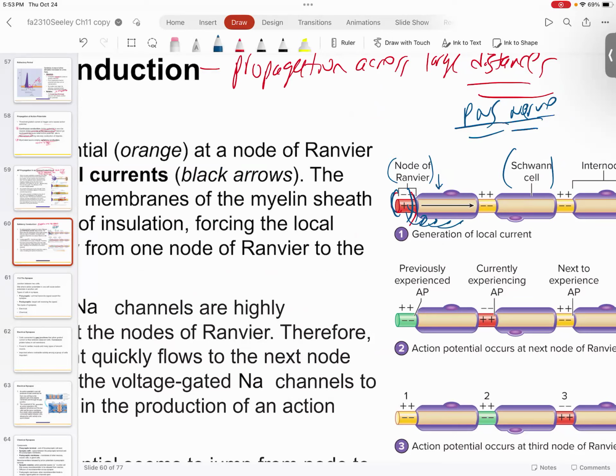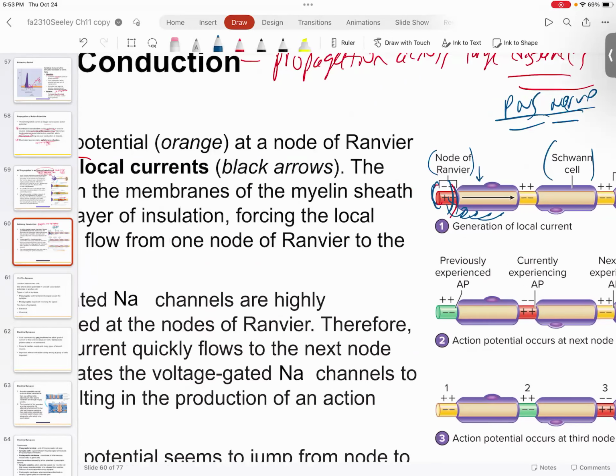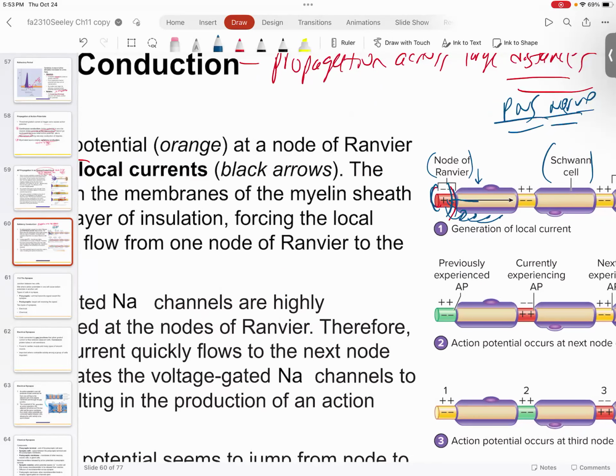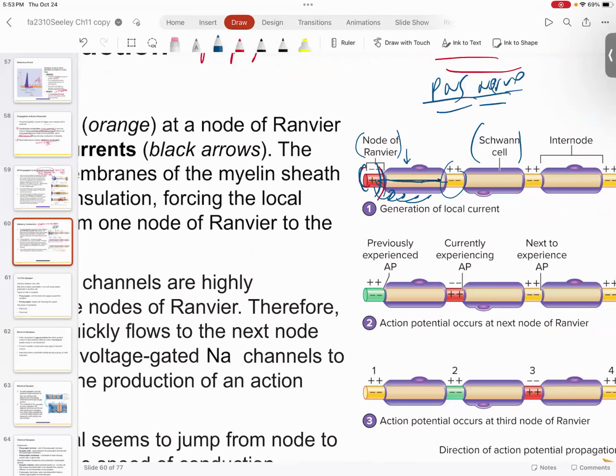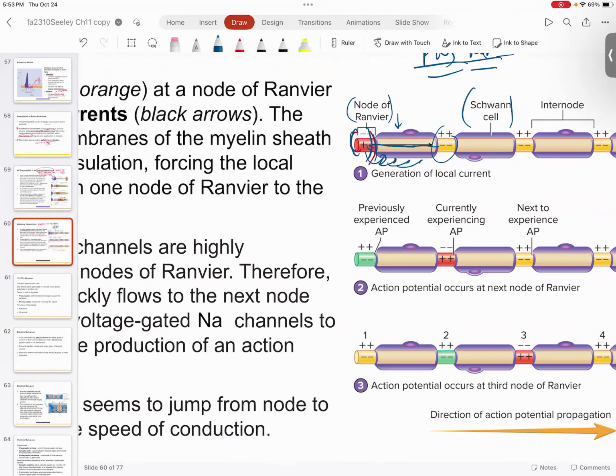So the local current will flow all the way through the axon before it can get to another region where it can depolarize, and that would be the next node. In the second step, it has flowed all the way through the axon to the next node, where it depolarizes the new node. Now the previous node is repolarizing, resetting itself.